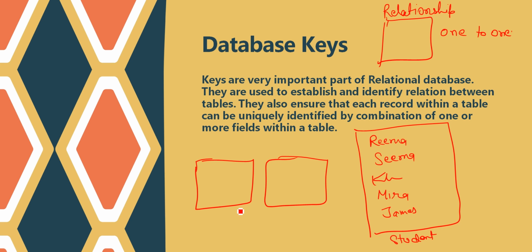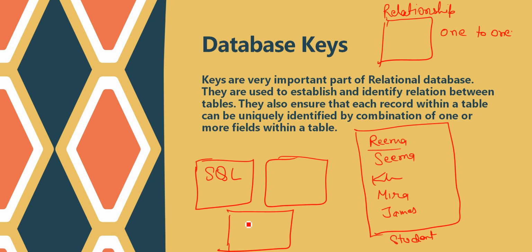Now I am going to take a test for SQL. So different students will get different marks, right? So in this particular table I'll just store the details of students. I will create a different table so that I can manage marks, how much marks Rima got, how much marks Seema got.